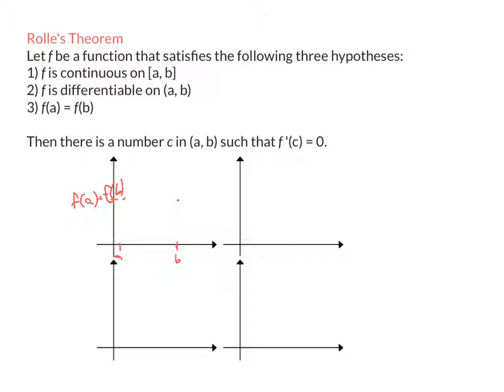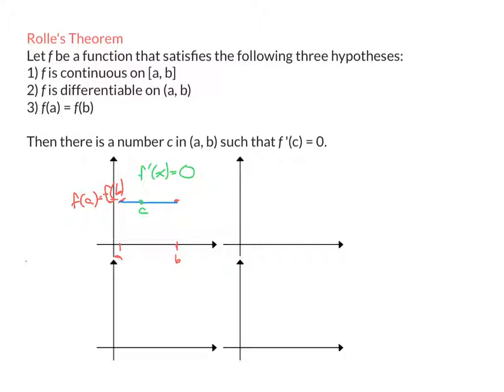And in between these two points, maybe my function doesn't do much, and it just stays constant. Well, if it's constant, the whole thing is going to have a derivative of 0. So there's certainly a point somewhere between a and b, let's say this is c, that has the derivative at that point equaling 0.